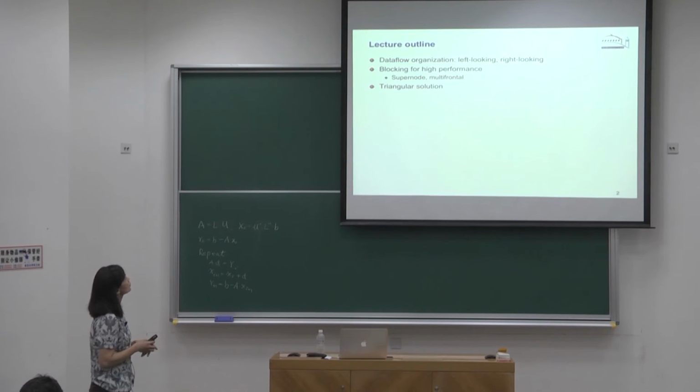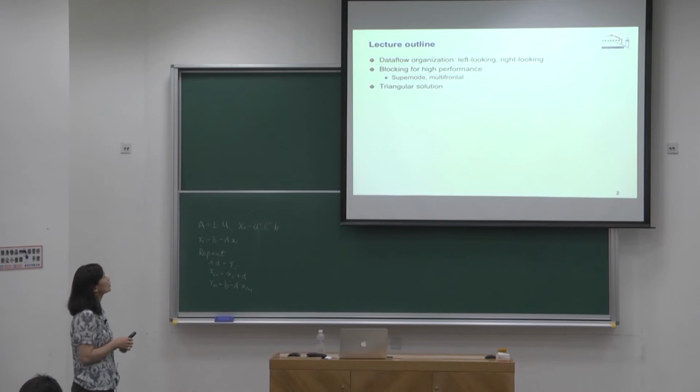This lecture is mainly about different ways of doing Gaussian elimination. A lot of this, the different data flow organizations, left looking and right looking, also applies to dense matrices, so it's not just sparse. Then we'll talk about high performance issues.